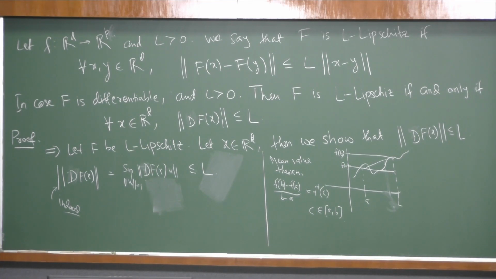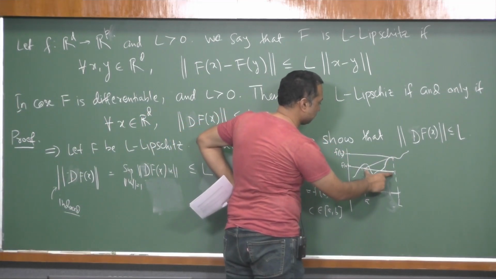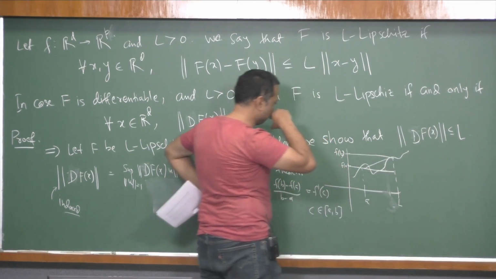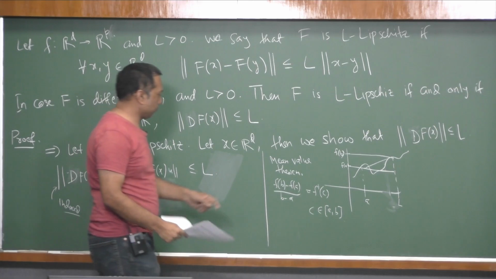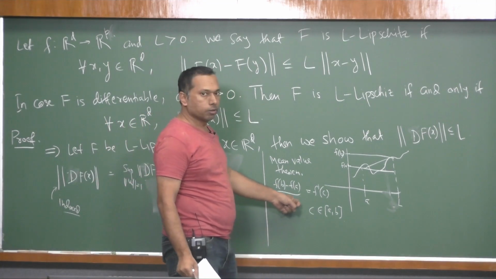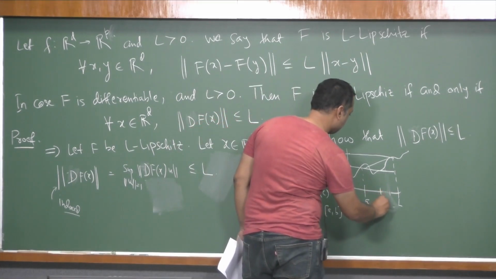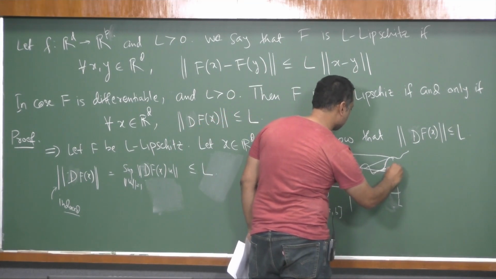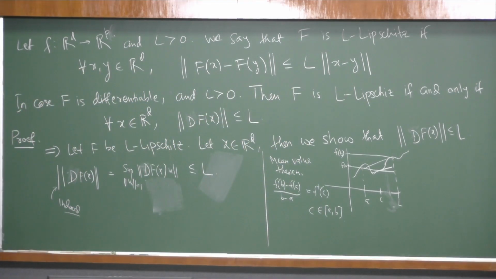The slope that you have will be achieved, so there must exist some c where this slope will be the same.